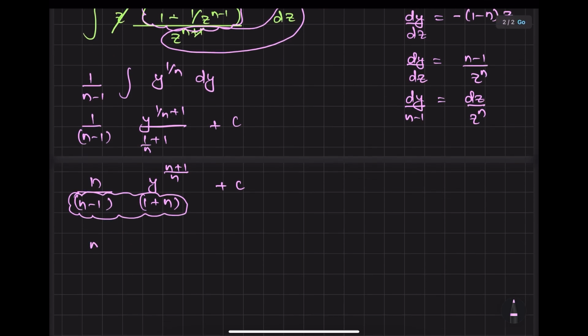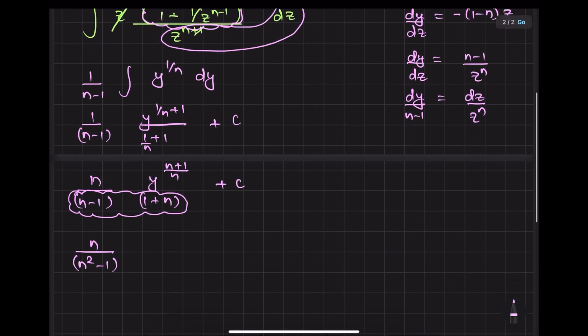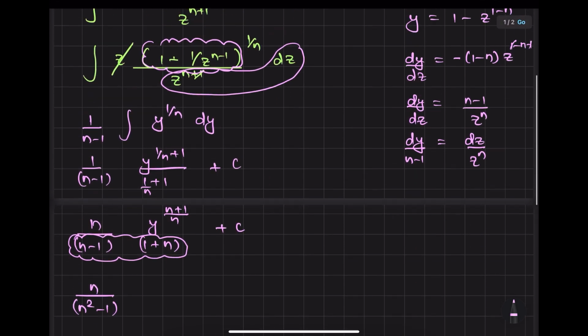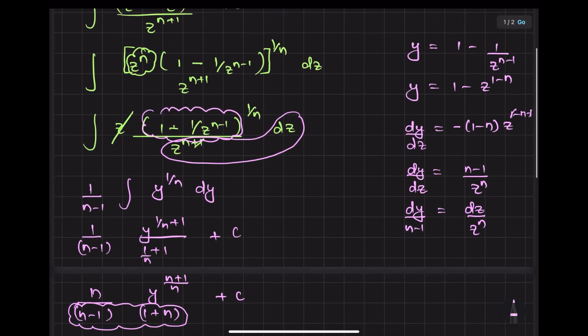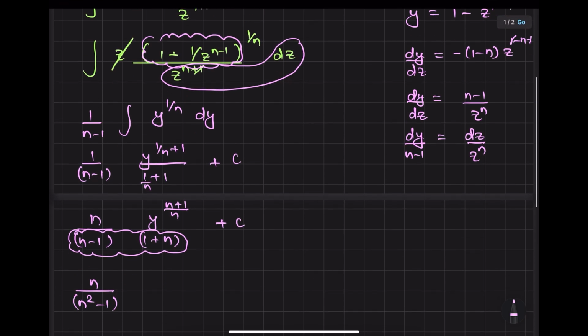So n by (n square minus 1), this thing is done. Now you know they have asked the question in terms of theta, not in terms of y. So you have to replace y. Who was y? Y was this ugly thing.